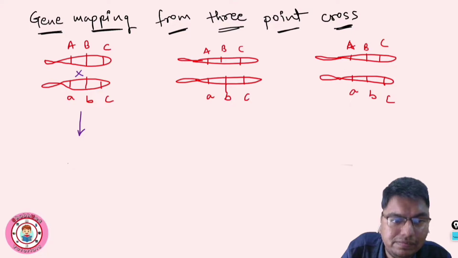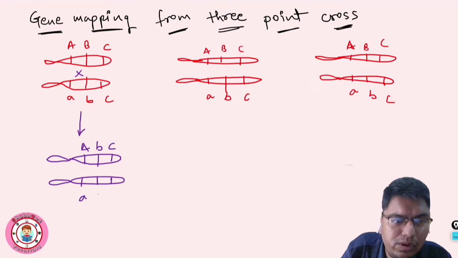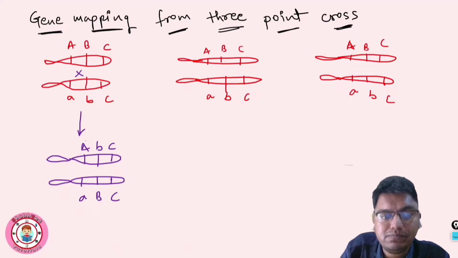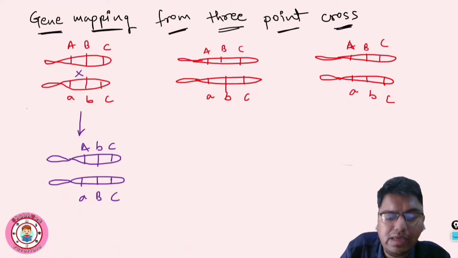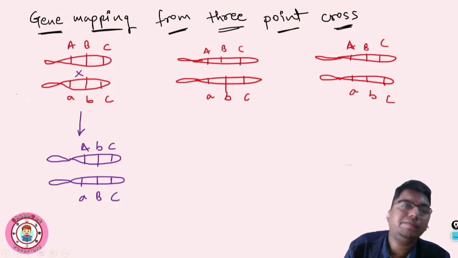We will get two different forms: capital A, small b, small c, and here small a, capital B, capital C. So how did this occur? Let's see this clearly in the next slide.